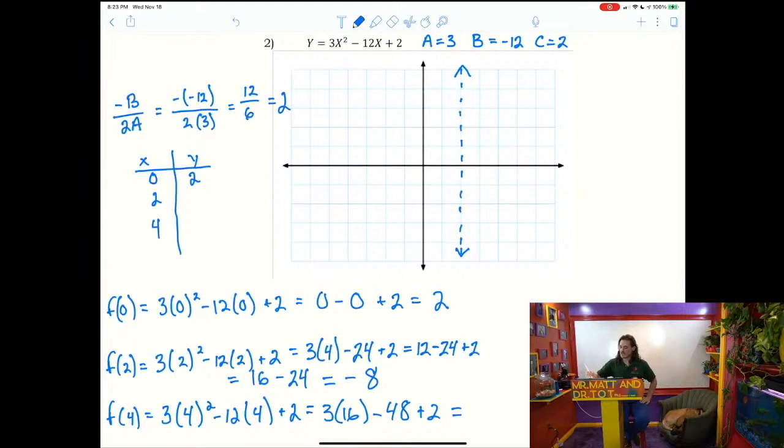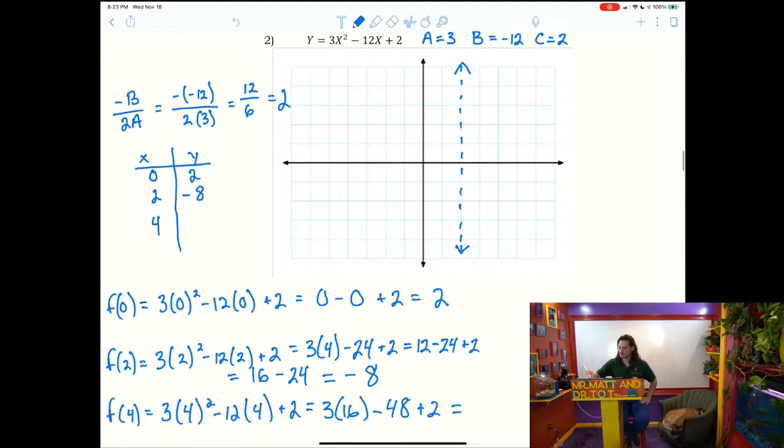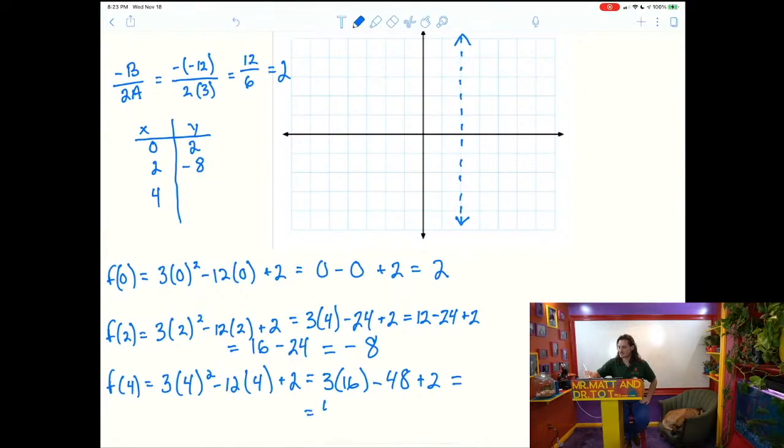So I'm going to count on my y-axis by 2's, so I can fit all of this in here. And then count on my x-axis by 1's. So at x is equal to 0, y is equal to positive 2, so that's this point right here.